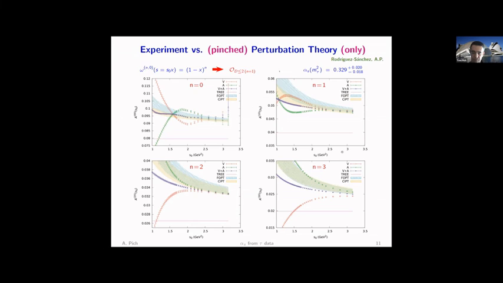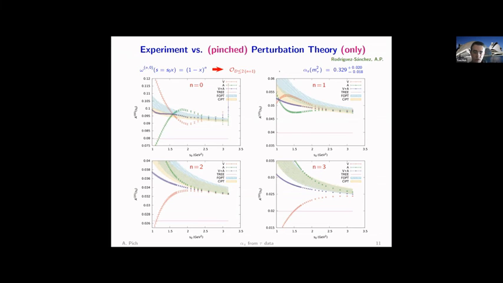Now you go to the plots with 2 pinch factors, n equal 2. The wiggles have disappeared. You don't see any duality violation effect anymore. You see a nice agreement of vector, axial and vector plus axial at high s. And at low s, you clearly see a non-perturbative correction with dimension 6. So you are seeing here that you are missing the dimension 6 condensate.